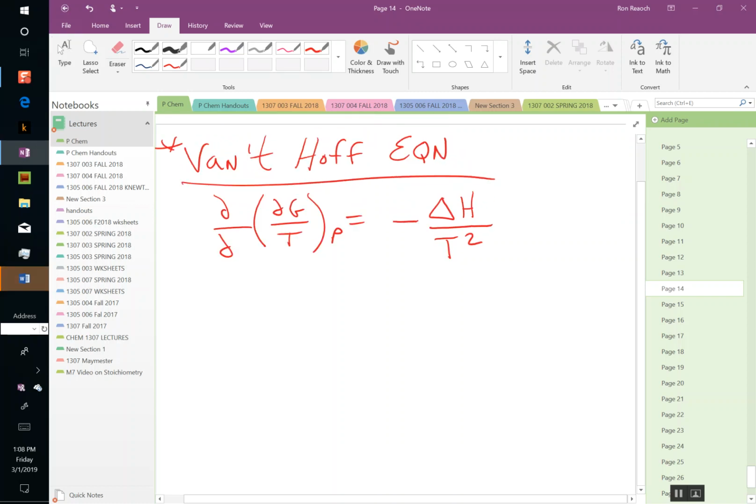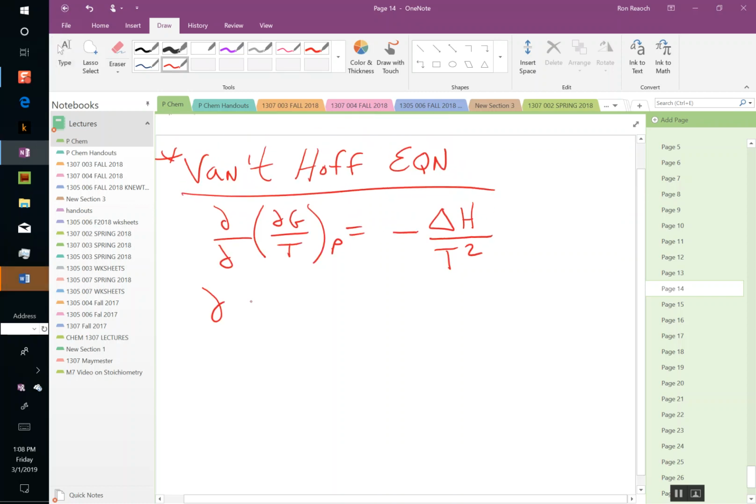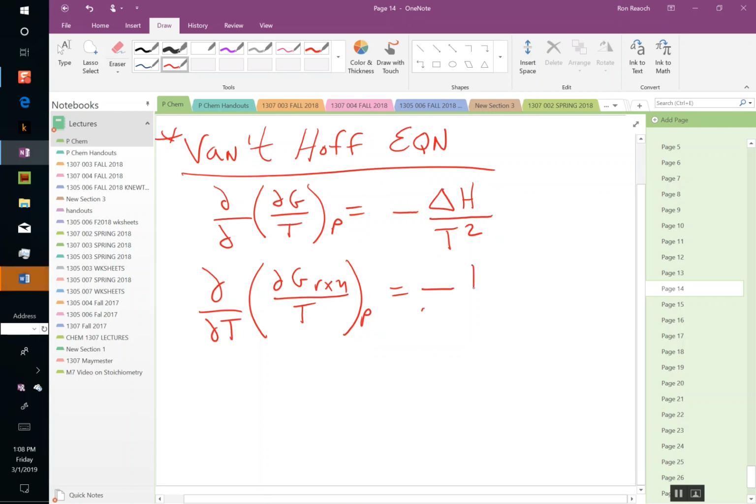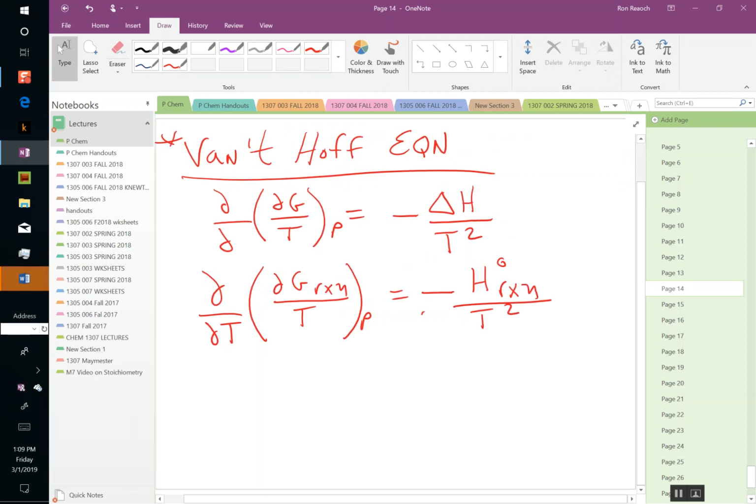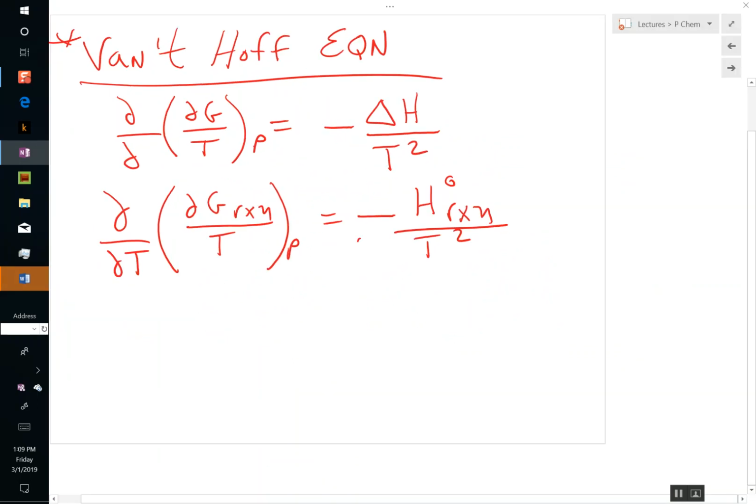So in a chemical equilibrium, this expression is the delta G of reaction with respect to temperature, constant pressure, and that's going to equal the negative, the delta H of reaction divided by T squared. All right, let me make this bigger here.